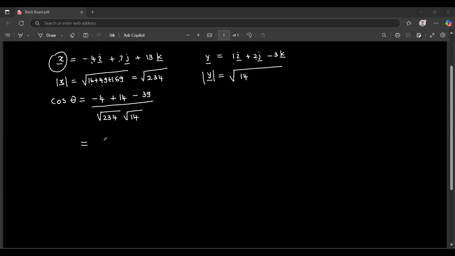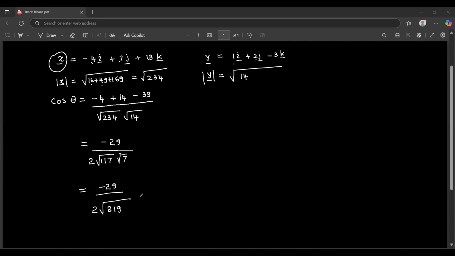This will give me minus 29 over square root of, well, I can take 2 out from both. So this will be square root of 7. This will be square root of 117. And I'll get 2. So this will be equal to minus 29 over 2 into square root of 819. Okay, so this is cos theta.